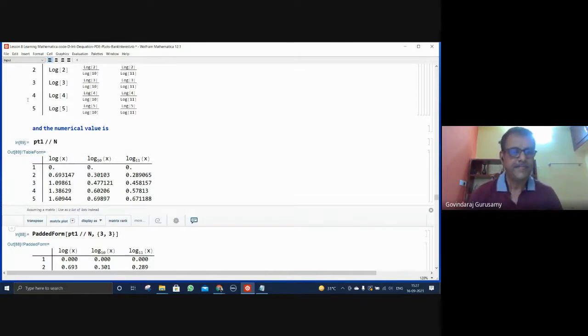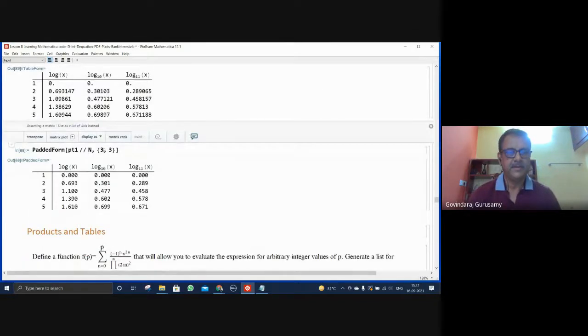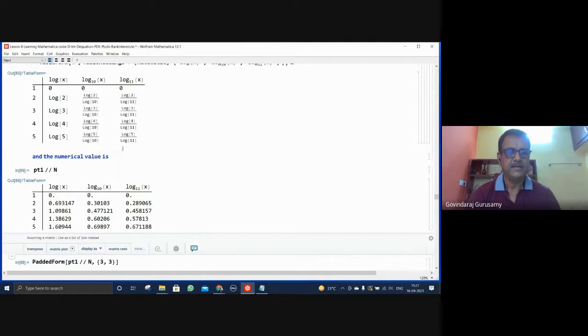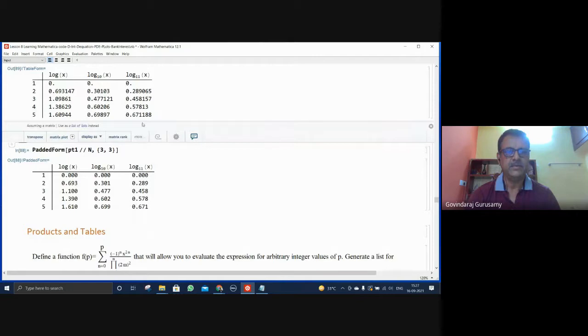I'm giving a NumberForm of 3, 3, which means 3 digits for the integers plus 3 decimals, so that accuracy can be given here. For example, 0.289 and this 0.011. So all three digits will be given.